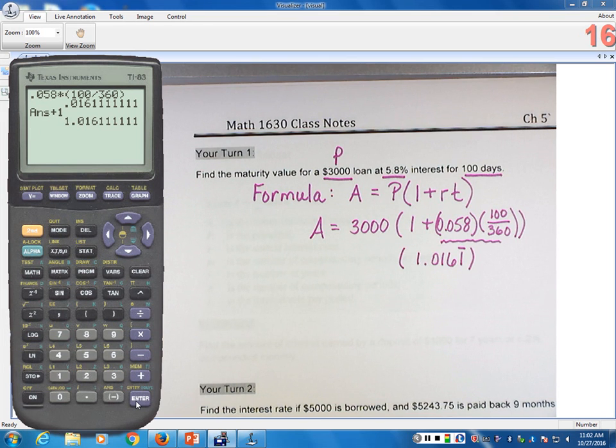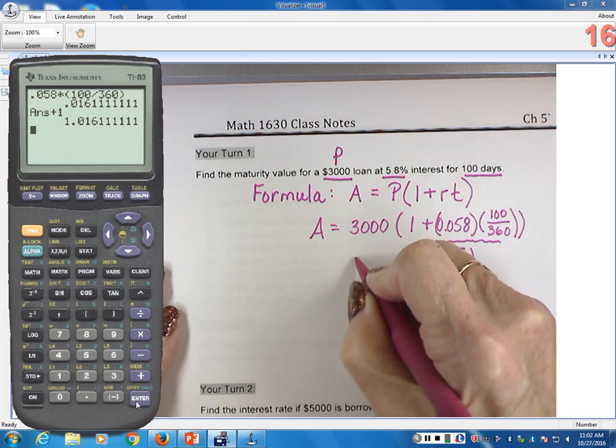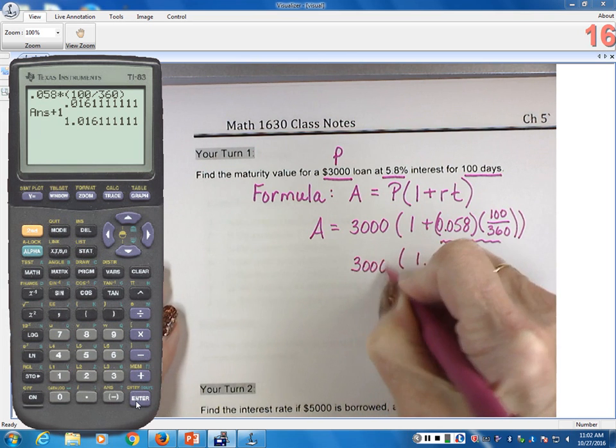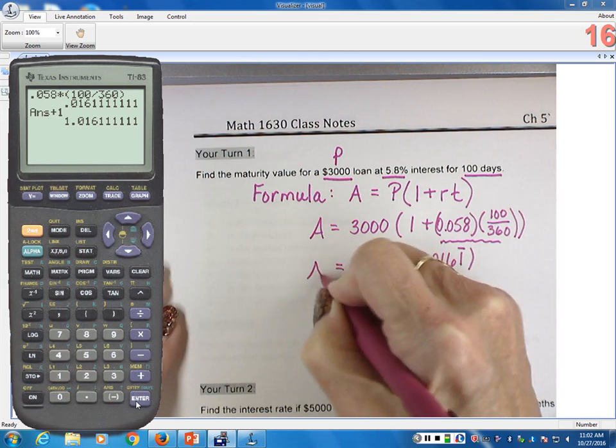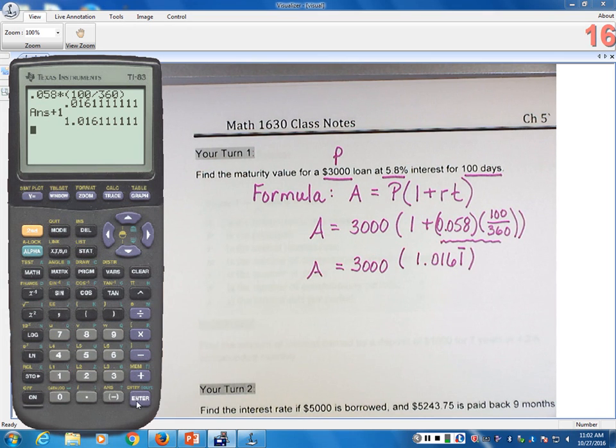And I need to multiply that times 3,000. And then that'll give me the future value. So the future value of the loan is $3,048.33.